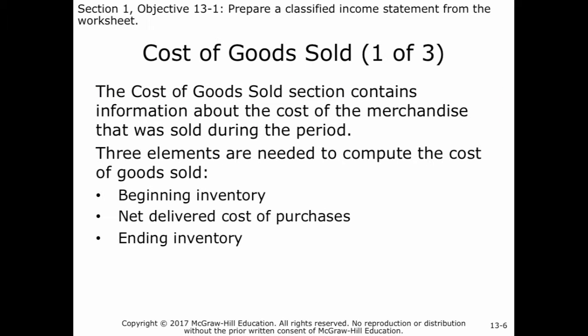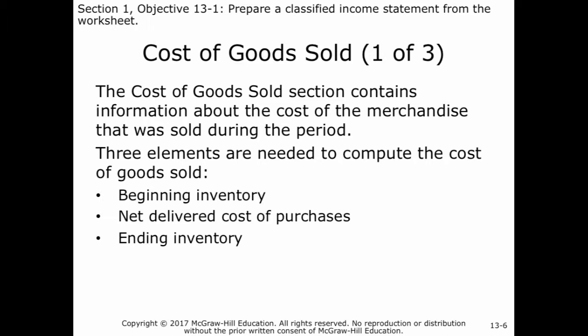The next section of the multiple step income statement is the cost of goods sold. We could abbreviate that using an acronym, COGS. And this is usually the most challenging section for you to compute. The cost of goods sold section contains information about the cost of the merchandise that was sold during the period.